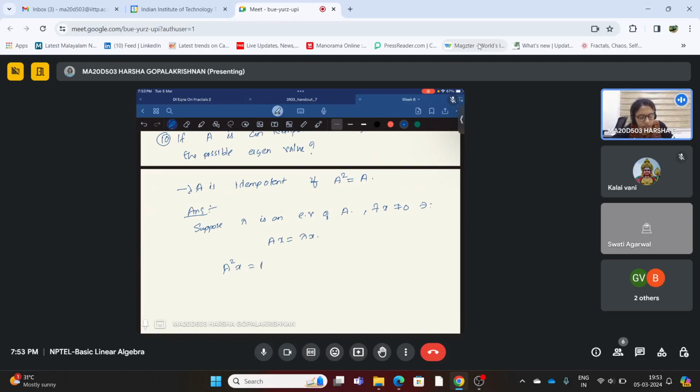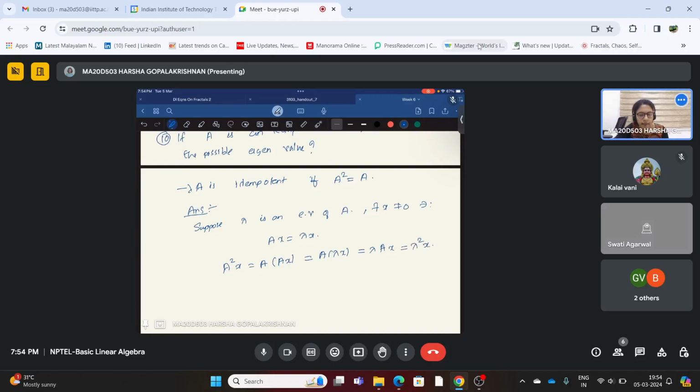We will write A into Ax, right? Now, what we can write from here? Instead of Ax, we can substitute lambda x. Okay, now we can take the lambda outside and Ax again. What we can do? Instead of Ax, we can substitute lambda x. So, lambda square x we will get.